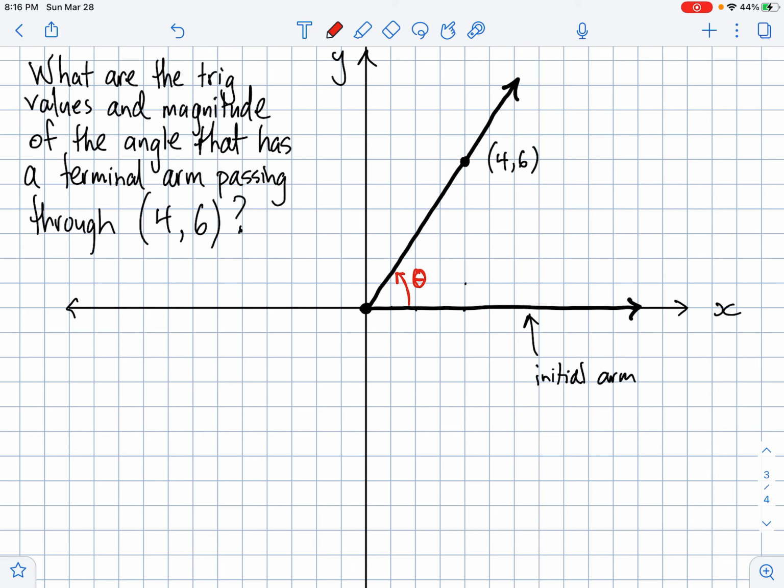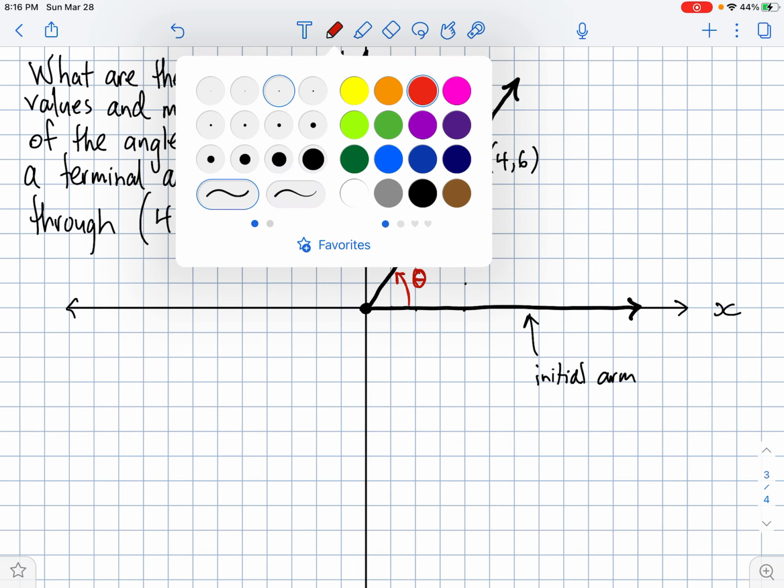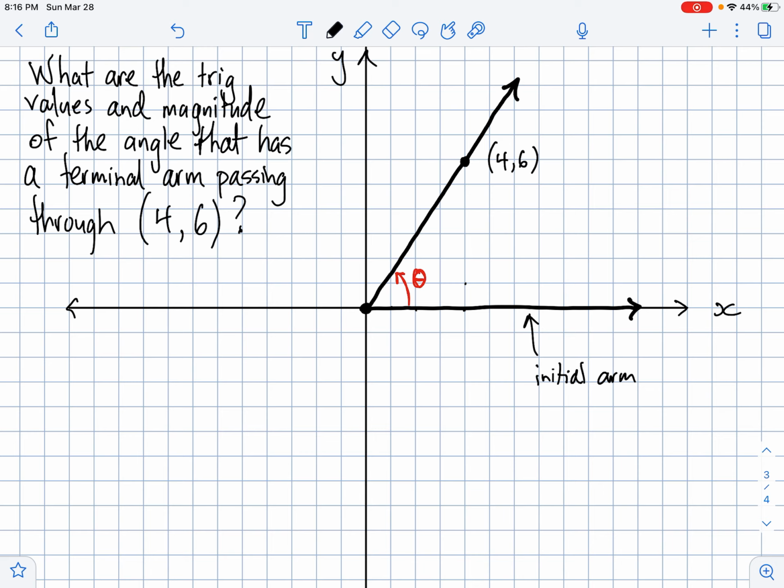And the triangle has to do with the point that we originally drew. So that 4, 6 right there actually forms a right triangle. And I'm going to highlight it here. It forms this triangle, right? So it forms that triangle.